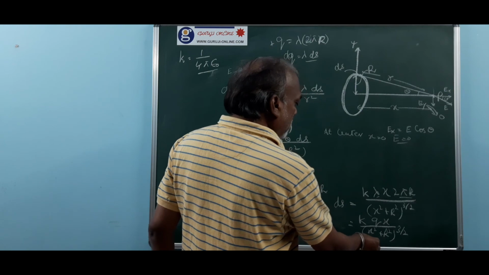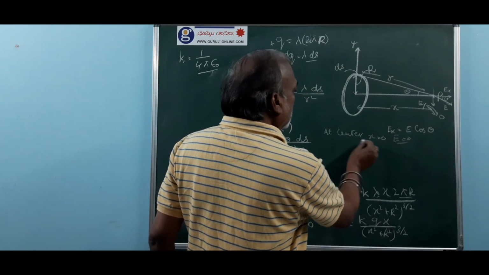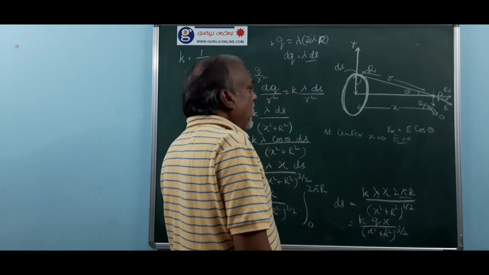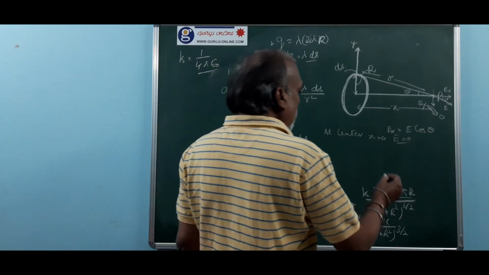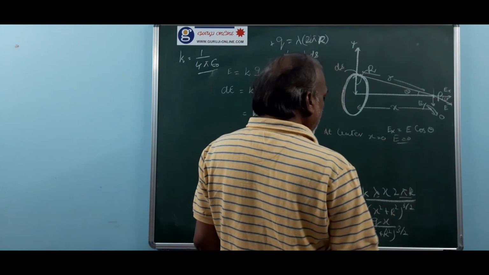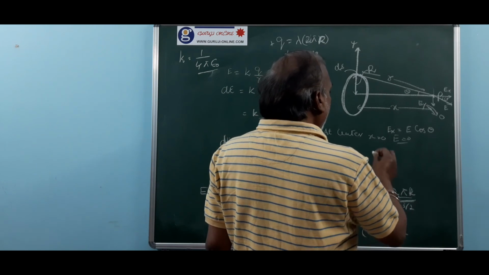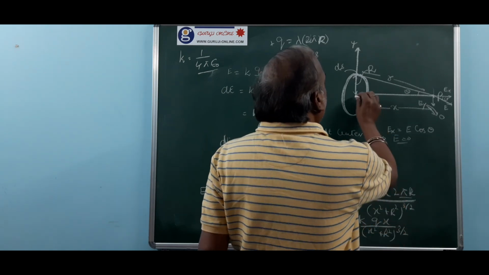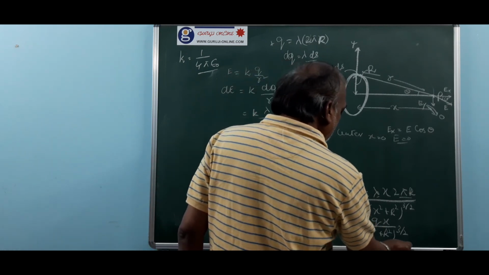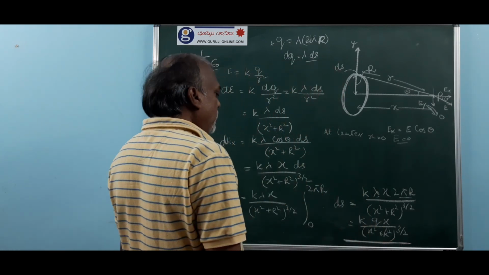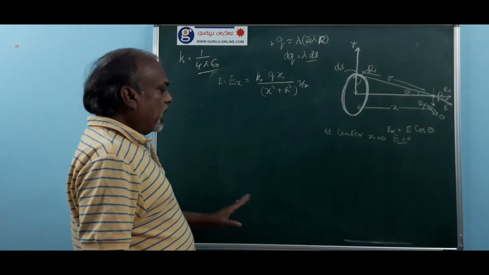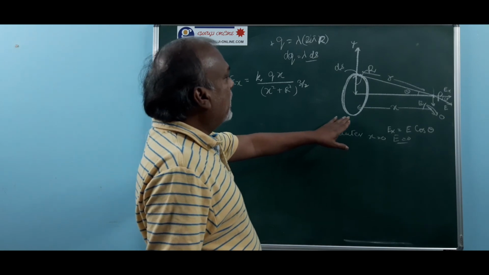And suppose x is very large, then also this will become 0, because if x goes to infinity, then again it will be 0, so it will have a maximum value in between. So what we can do is, this expression we can differentiate. This was the electric field we found out in our last expression due to the ring.